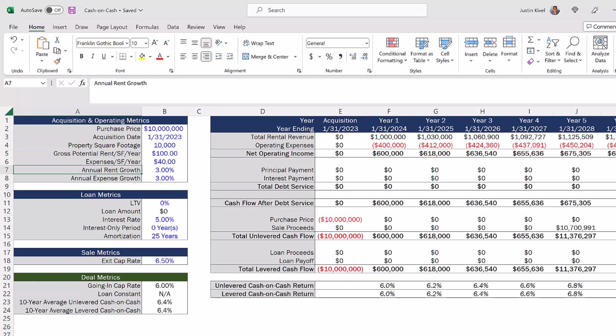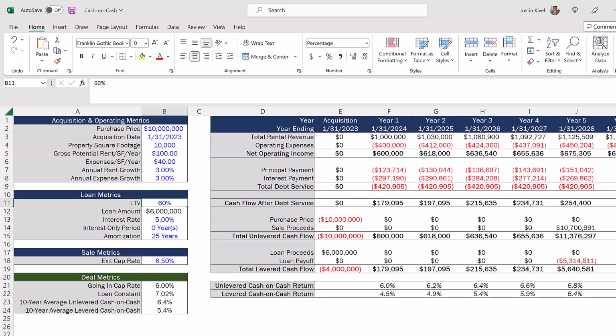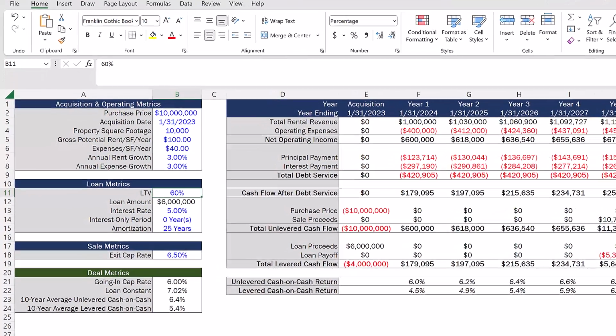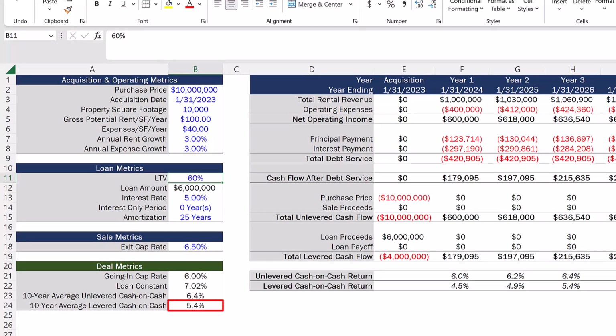However, if we assume we buy this property with an acquisition loan at a 60% LTV ratio with a 5% interest rate amortizing over 25 years, that cash on cash return now drops to just 4.5% going into the deal, and assuming 3% annual revenue and expense growth over a 5-year period, the average levered cash on cash return in this scenario is a full 100 basis points lower than the cash on cash would have been without a loan in place.